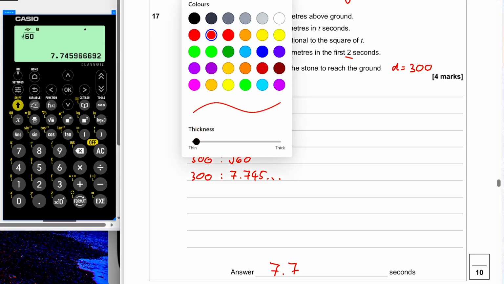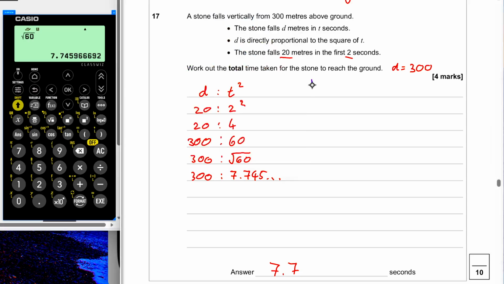If we wanted to do it using the proportion equation, though, I'll do that method as well because I think that will be the more common one. So d is proportional to the square of t, so d is equal to k t squared. And then we put in our initial values, so 20 is equal to k times 2 squared. So that's 4, so 5 is equal to k.